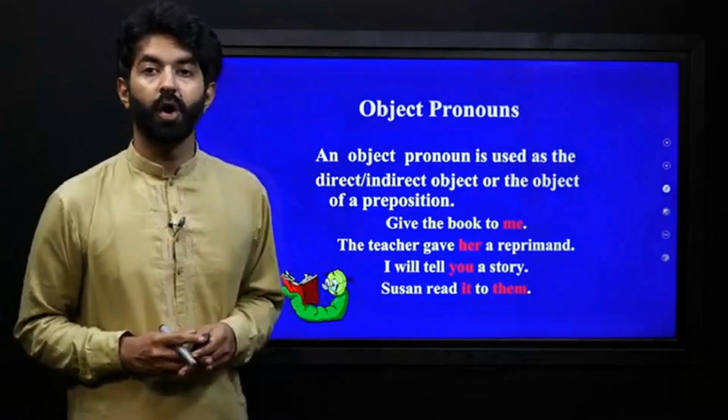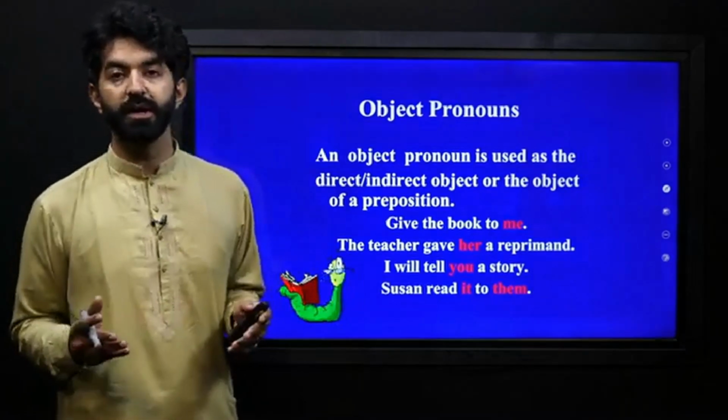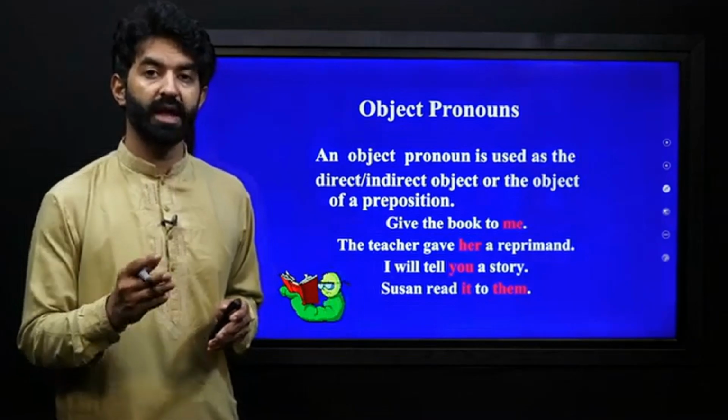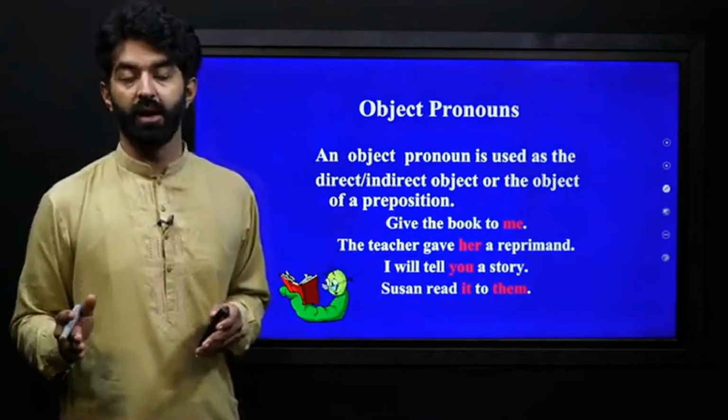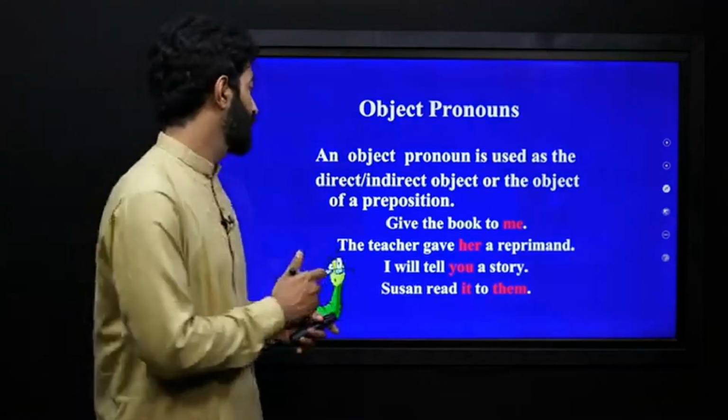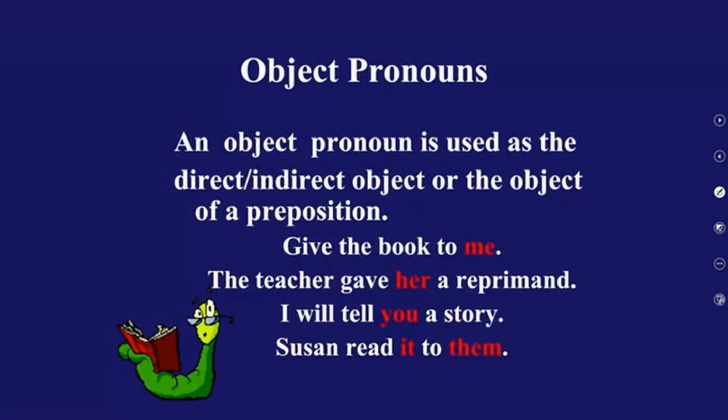Let's talk about object pronouns. Similarly, when we replace the object, the name, with a pronoun, we call it an object pronoun. Let's see the definition and how it's used. An object pronoun is used as the direct or indirect object or the object of a preposition.